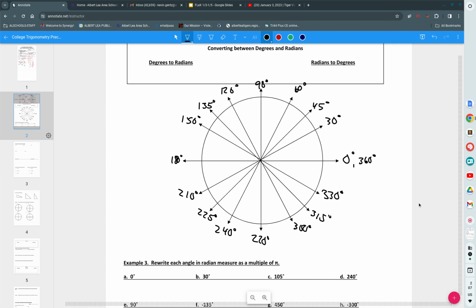Everybody see how I came up with those? Those are the most common angles that we like to work with, and they're very special in certain ways.